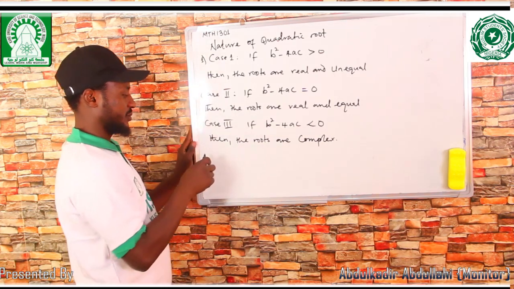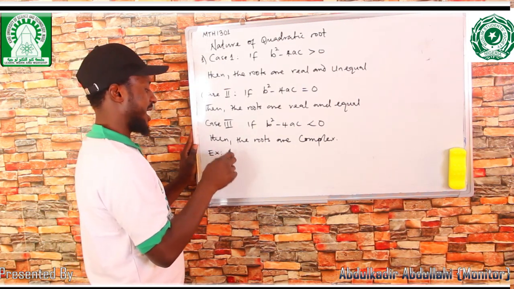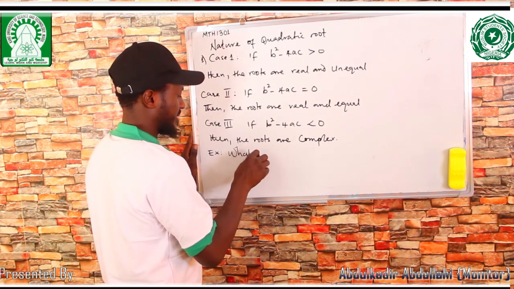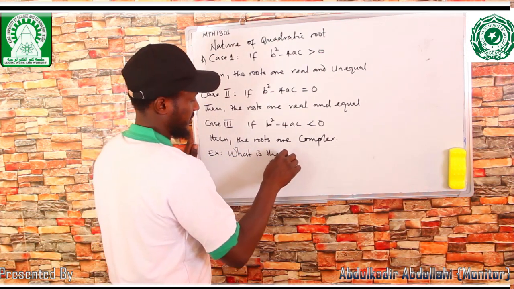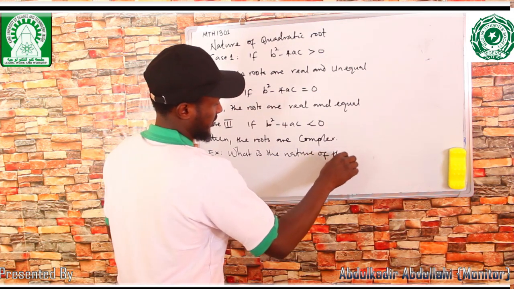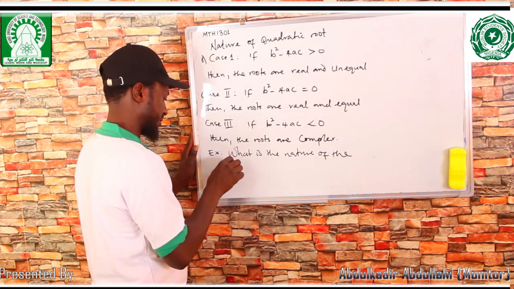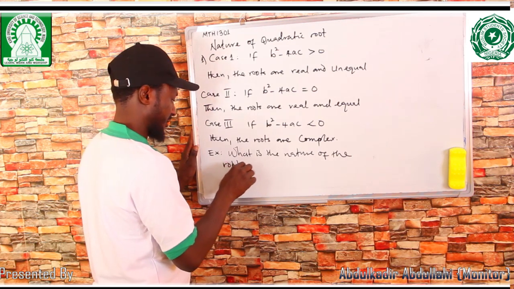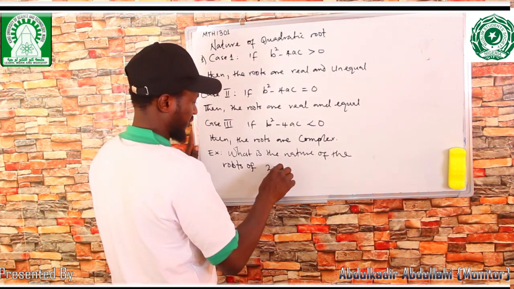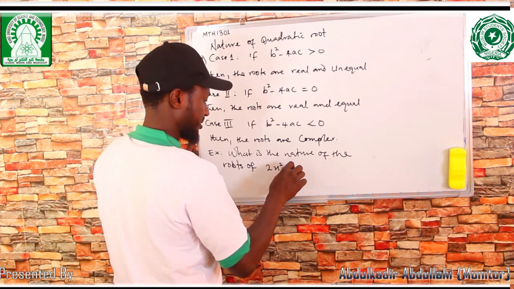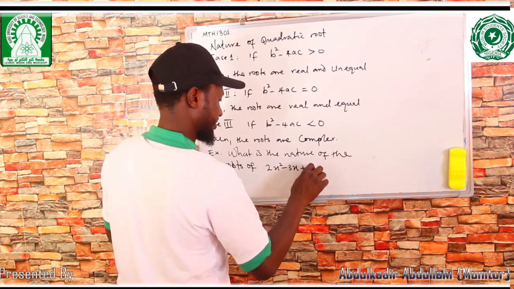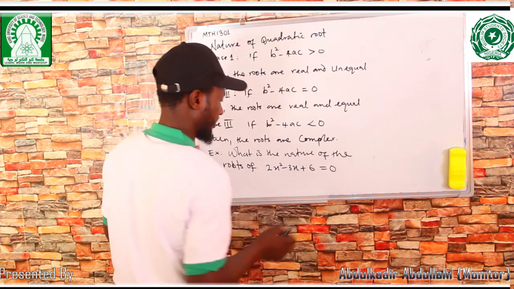Let's take one example. If, for instance, we are asked to find the nature of the roots of the equation, let's say 2x squared minus 3x plus, let's say 6 is equal to 0.